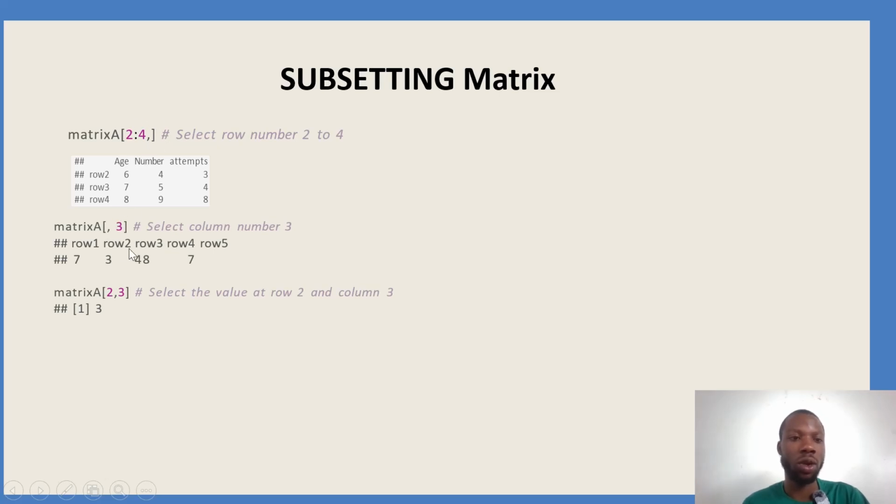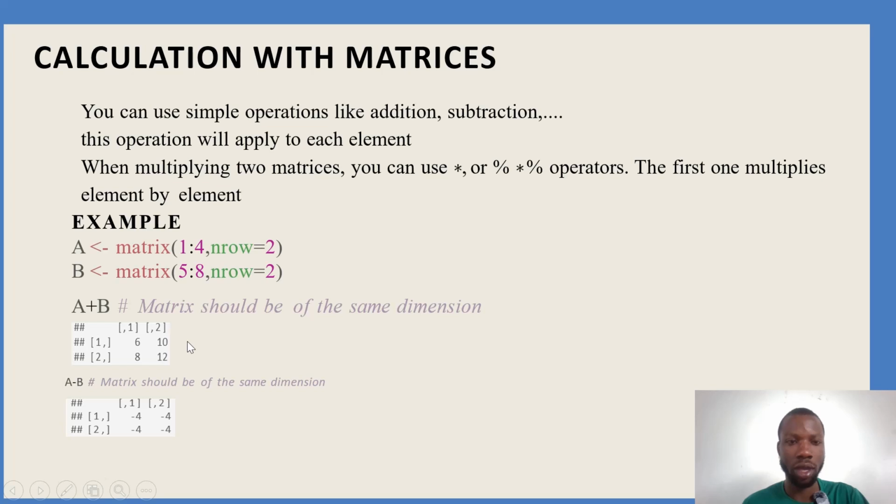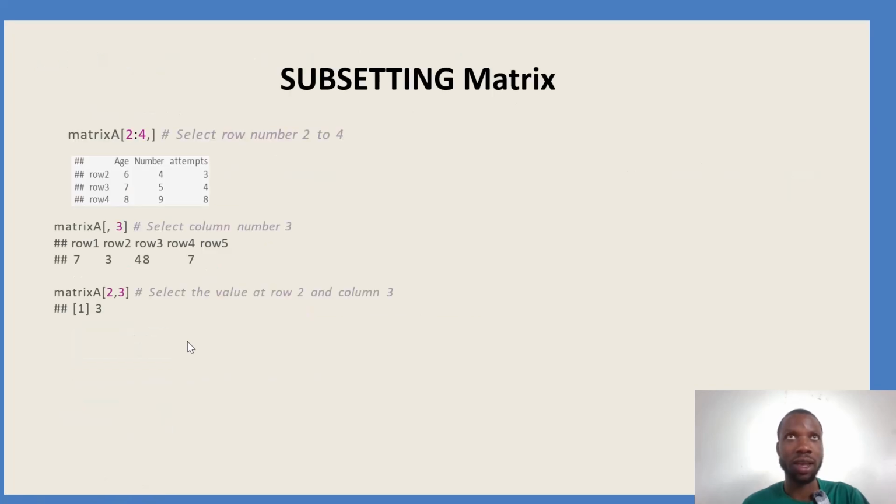But here you can also indicate the columns that you are looking for. Here we are saying that we no longer need the rows, but also go and bring column number 3. So I think you see how we do subsetting of matrices.